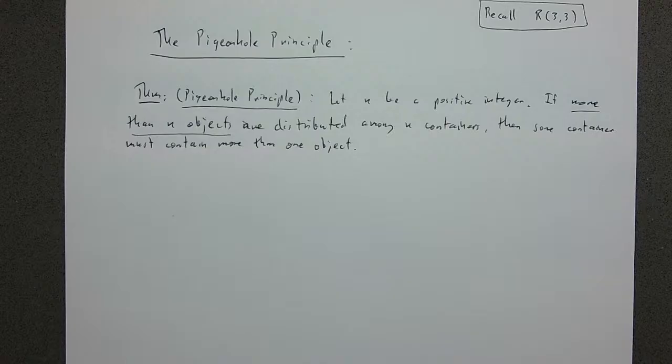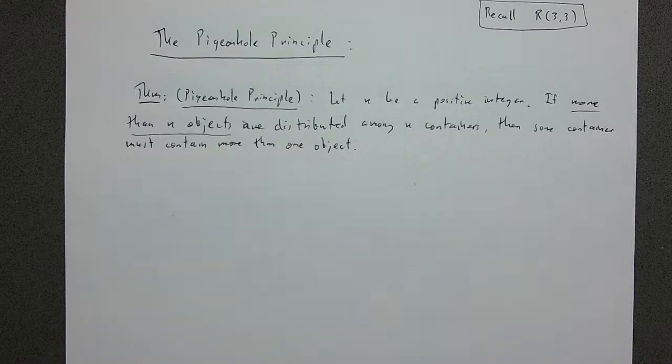So, the name, the pigeonholes refer to the pigeonholes in an old type of wooden desk. The pigeonholes are these little holes, or even like the holes you use to pull out drawers in those desks. The pigeonholes themselves are little compartments.